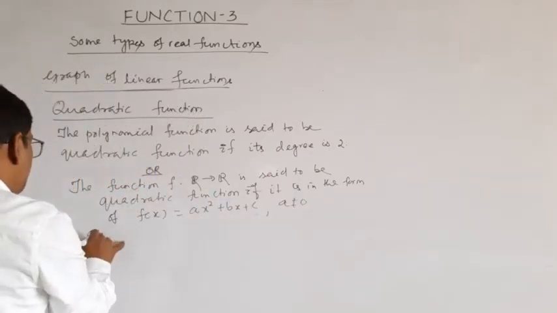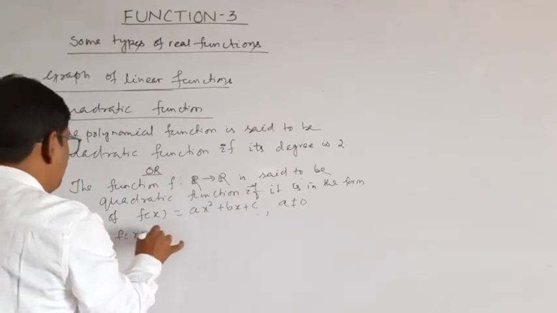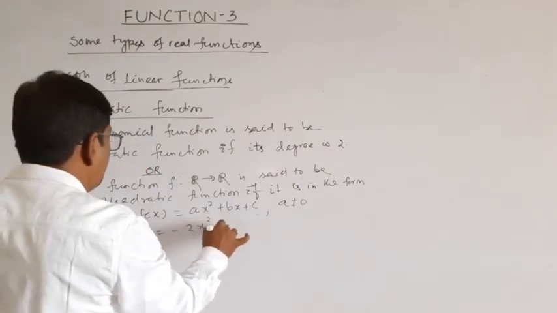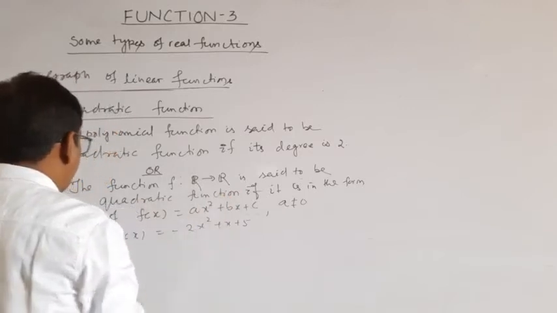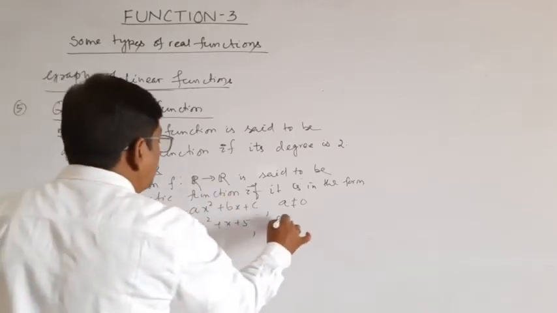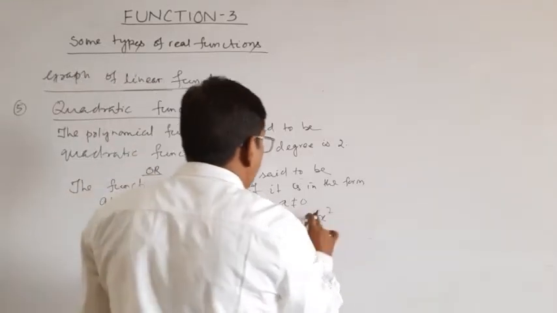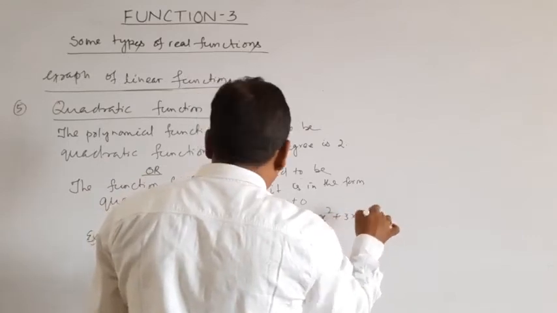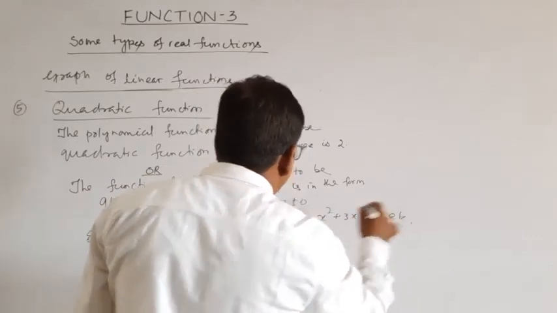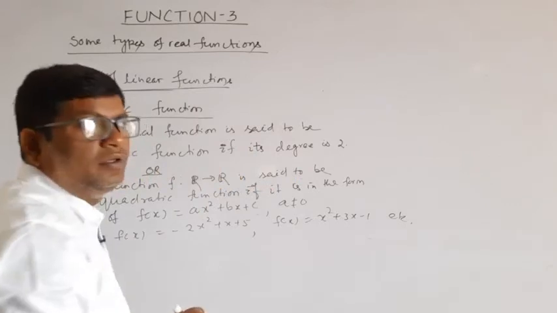Example, f of x is equal to minus 2x square plus x plus 5, f of x is equal to x square plus 3x minus 1, etc. The constant may be 0.